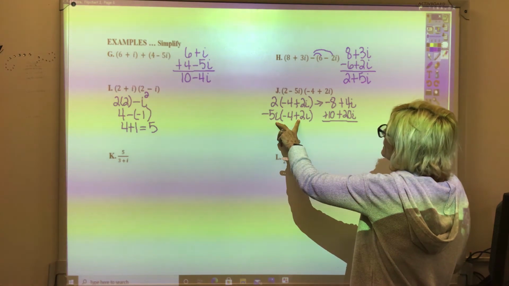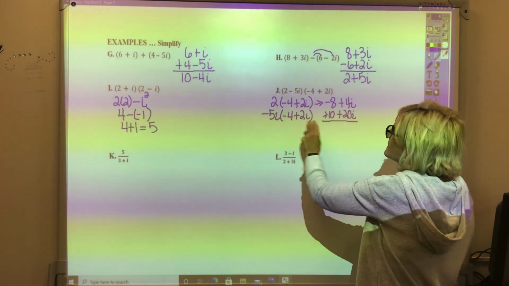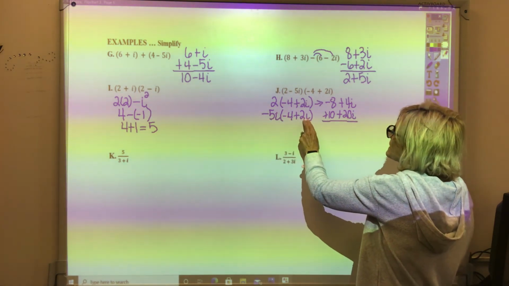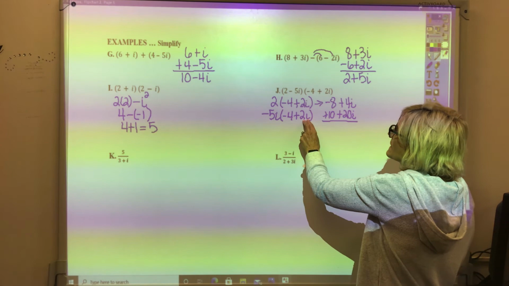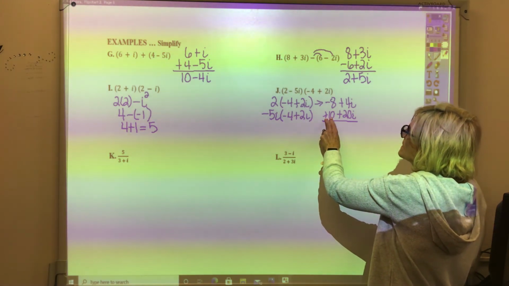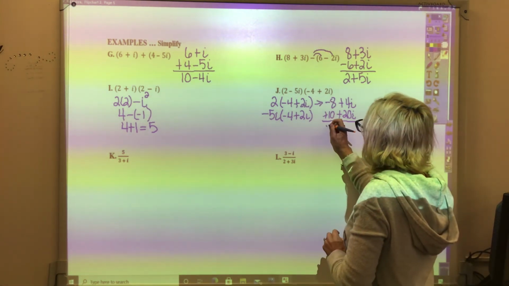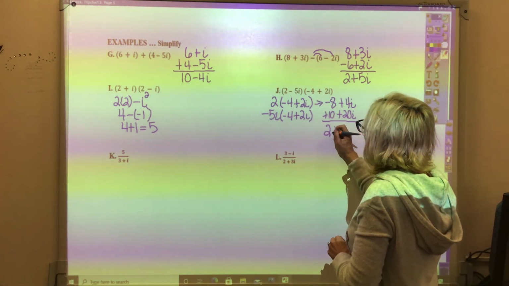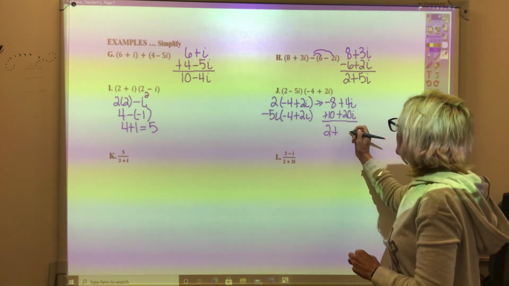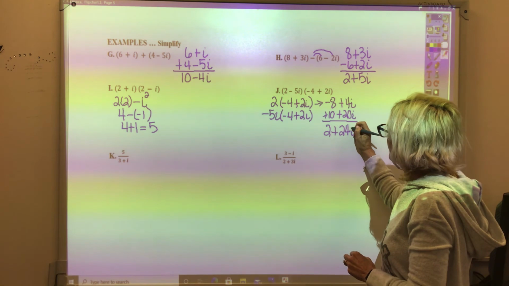Negative 5i times negative 2i would be negative 10i squared, but that becomes positive 10. Simplify: negative 8 plus 10 would be 2, plus 4i plus 20i would be 24i.